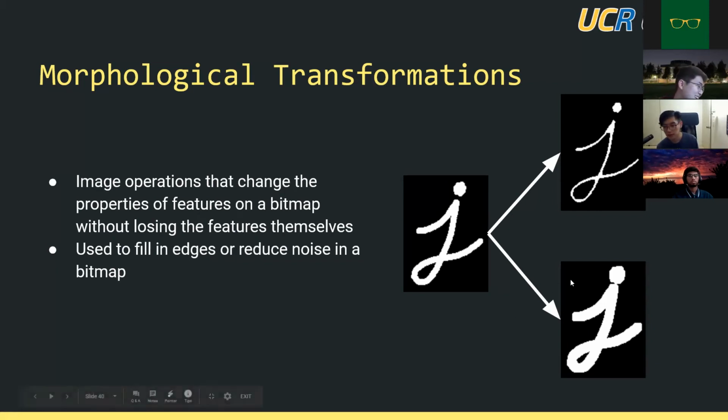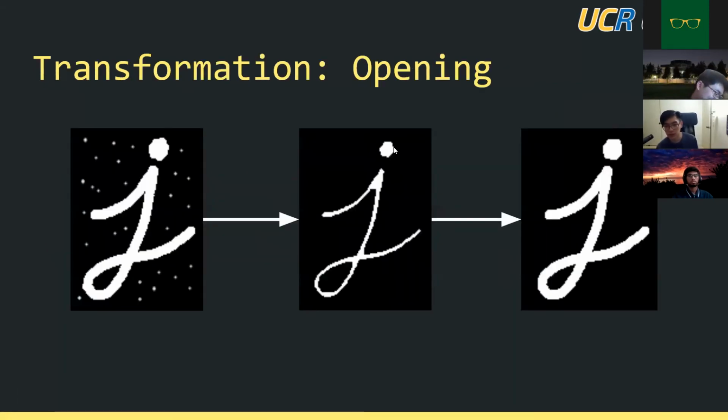So that's our basics of morphological transformations, and here's one use of it. Here we have a letter J, which has a bunch of white spots around it. I guess it looks pretty, but we don't want that if we're trying to, for example, read what letter is written here. So we want to get rid of these white dots, right? How we do that is we can do an erosion. If you remember, anything that's touching a black pixel is eliminated in erosion.